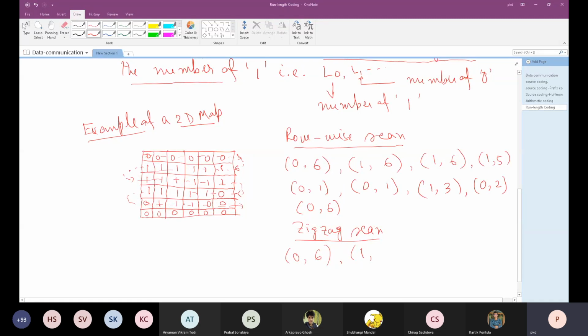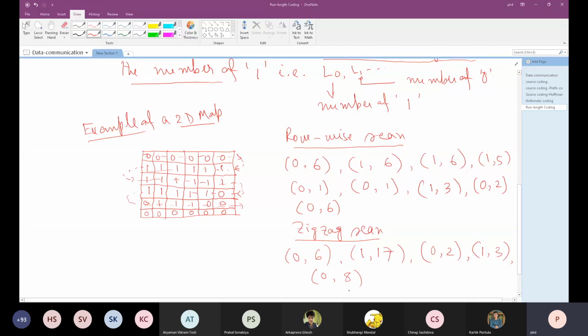So, 1, 2, 3, 4, 5, 6, 12, 17. So 1, 17 once, then 0, 2, 0, 8.